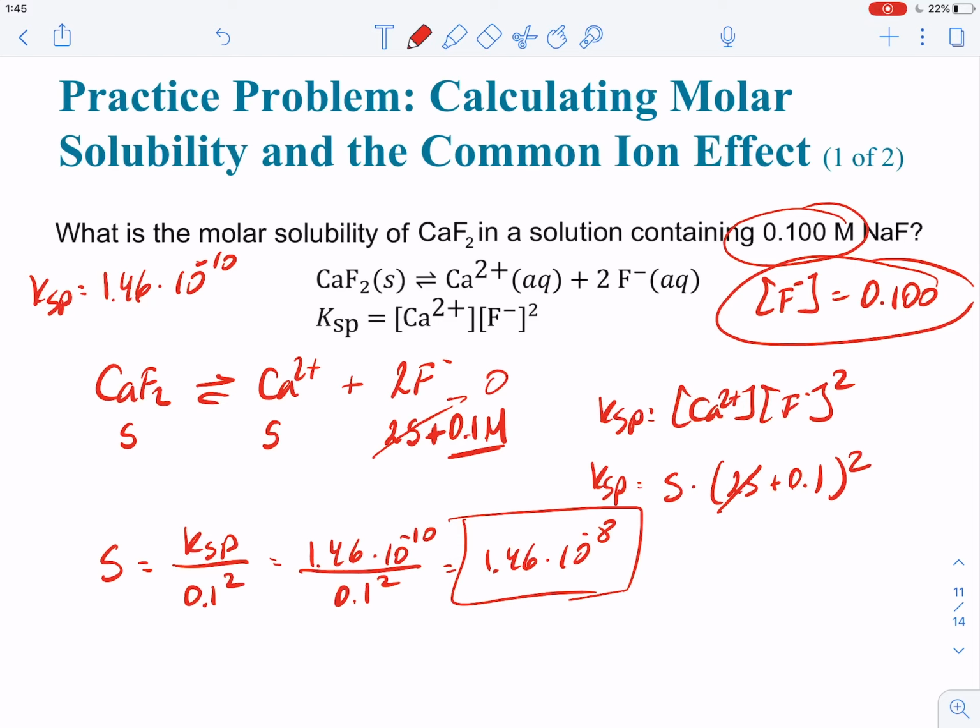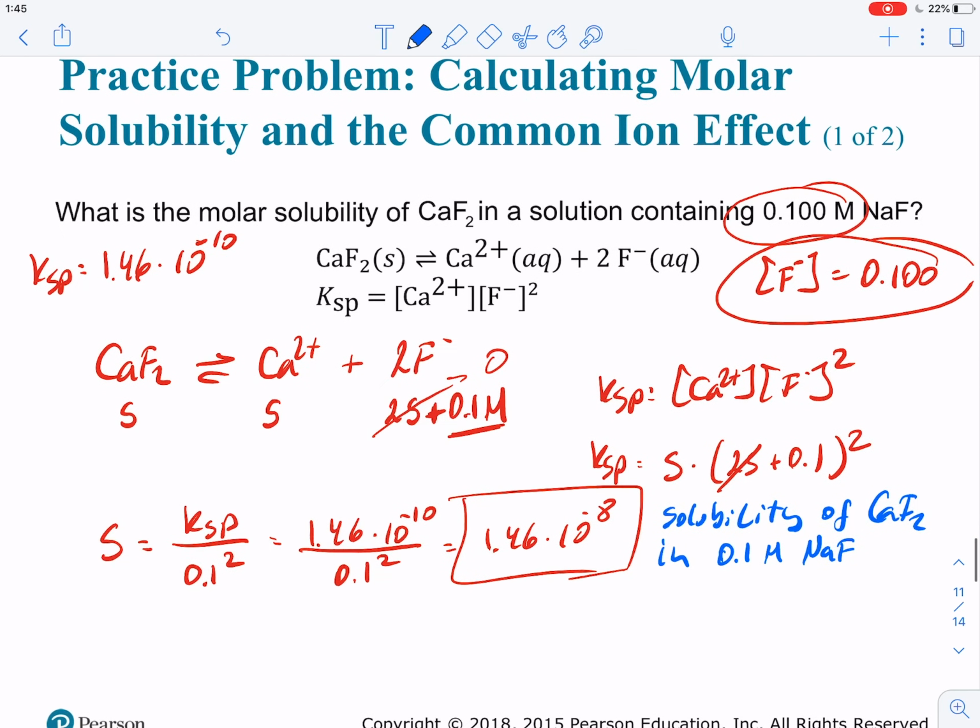Let's use a different color here. Solubility of calcium fluoride in 0.1 molar sodium fluoride. Now, the natural question is, what was the solubility of calcium fluoride before you added that 0.1 molar of sodium fluoride?